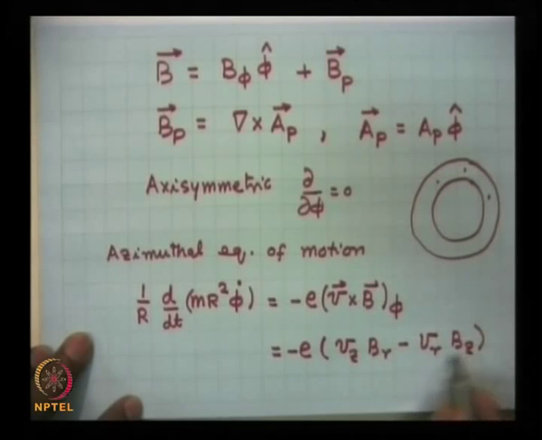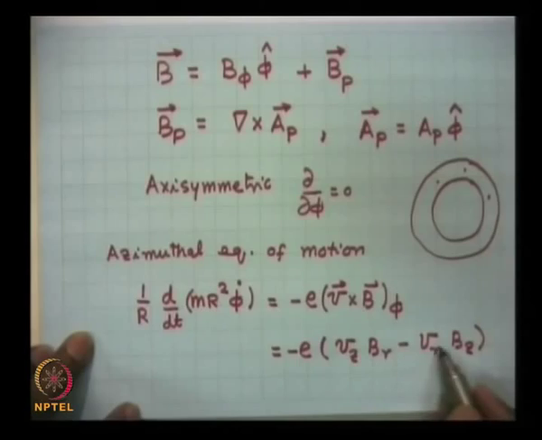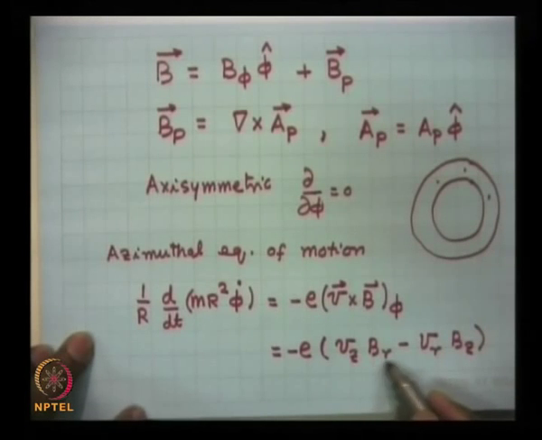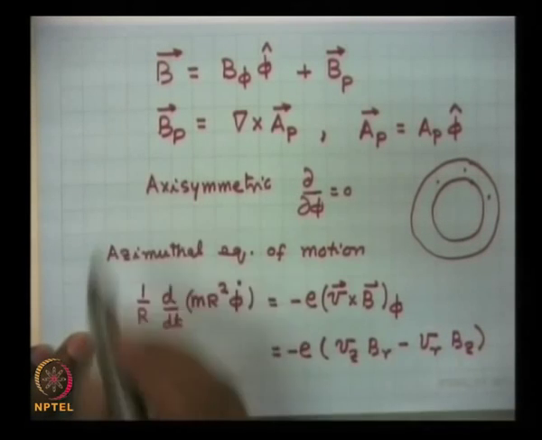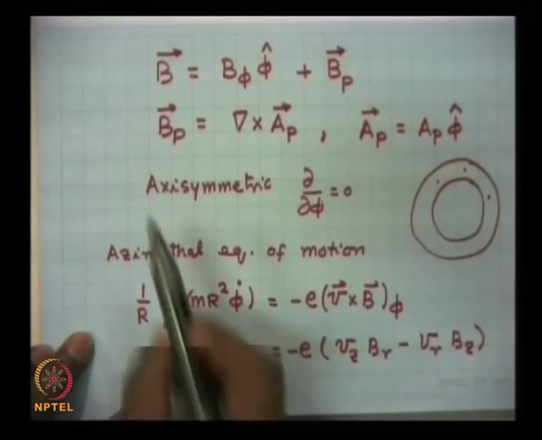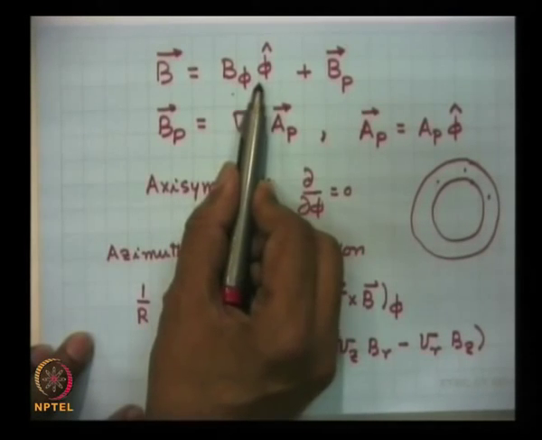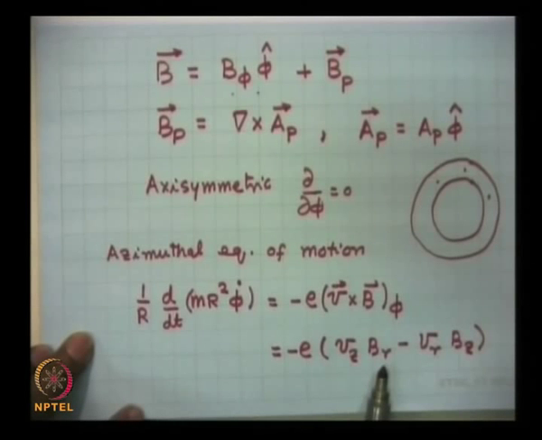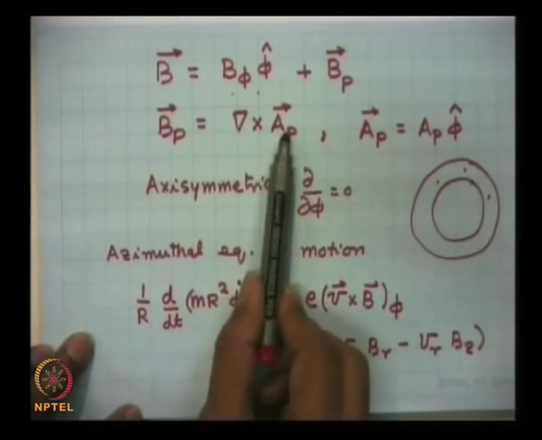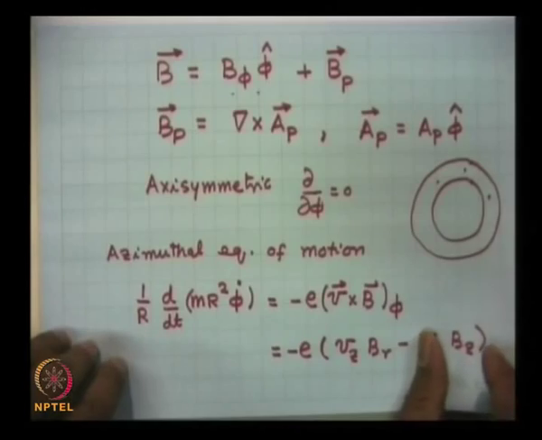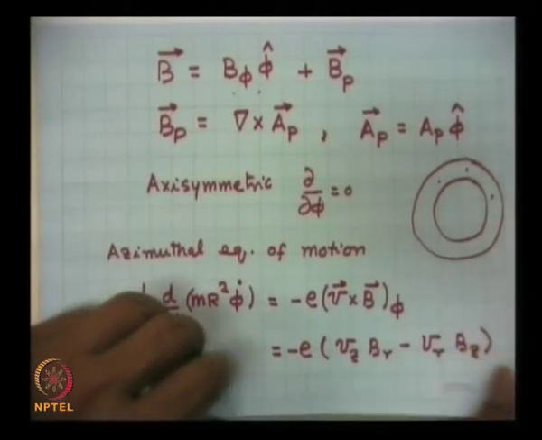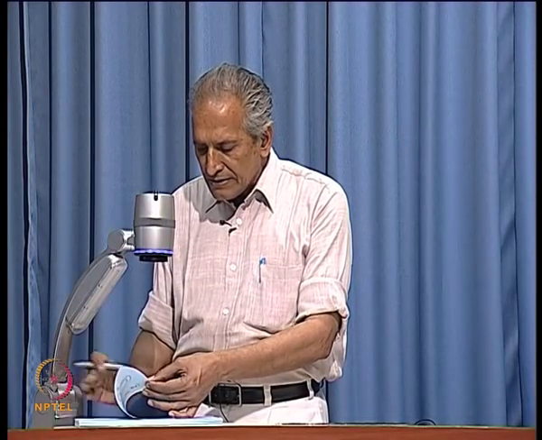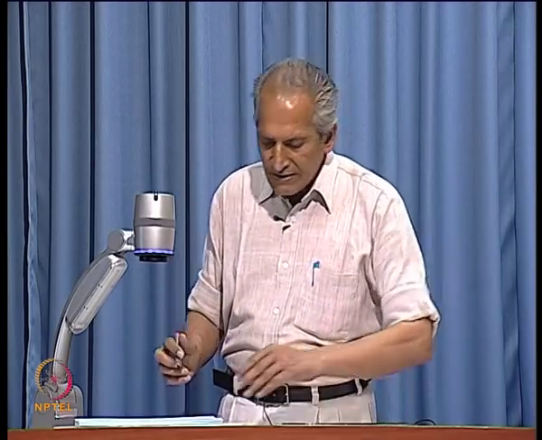Br and Bz are both the components of magnetic field Bp, because the toroidal magnetic field is in the phi direction, and we are not interested in that component. We are interested in the radial and z components of B field, which are deducible from curl of AP. So, let me write down the radial and z component of magnetic field.